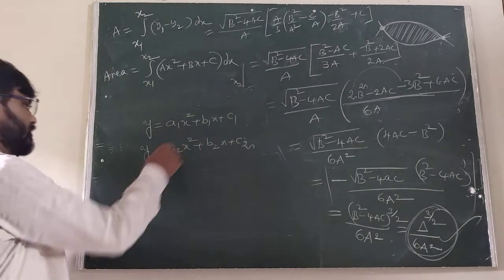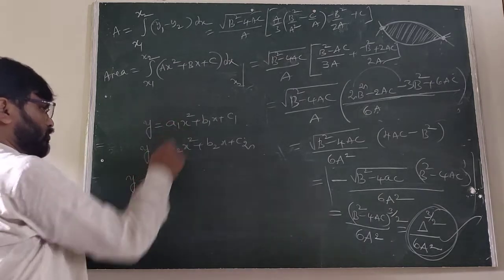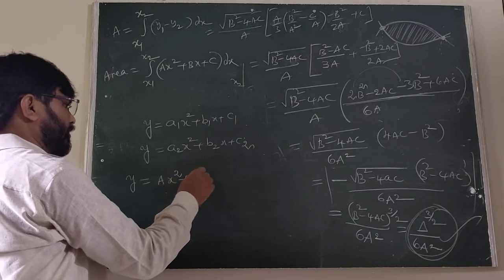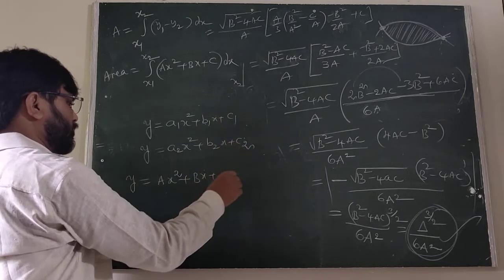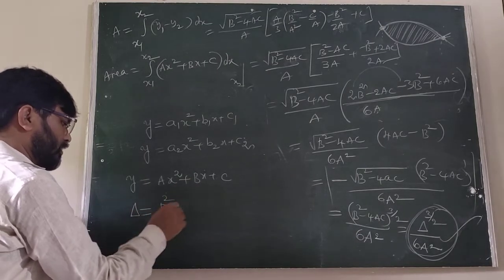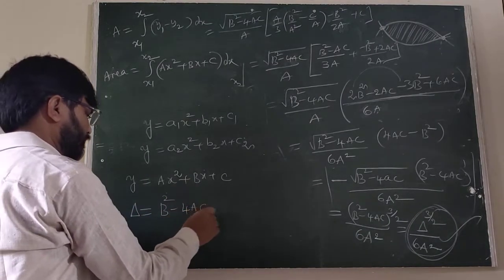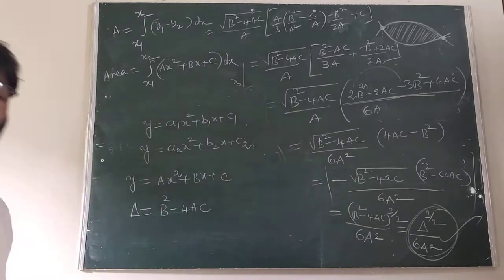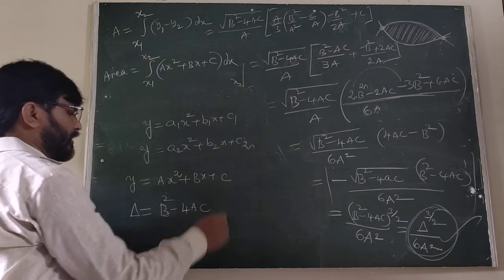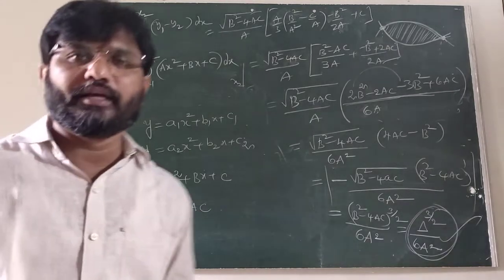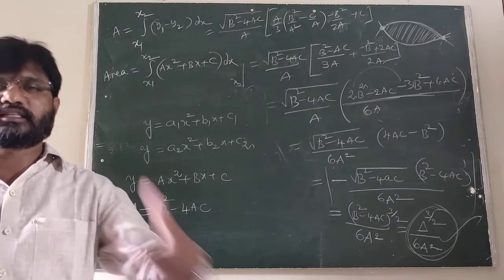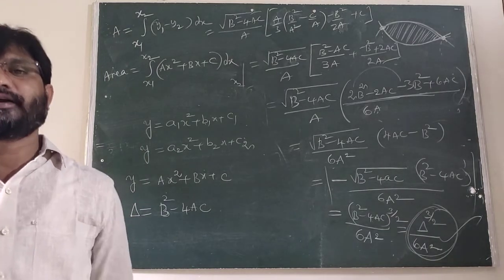When we subtract these, y equals ax square, b1 minus b2 is the b x, c1 minus c2 is the c, where delta we are taking as b square minus 4ac. Suppose the b square minus 4ac we got negative, undoubtedly there is no area. The curves are not intersecting, so the area can't be found.